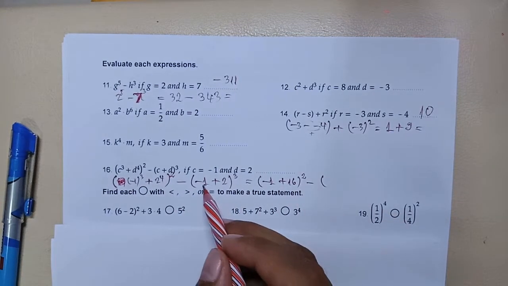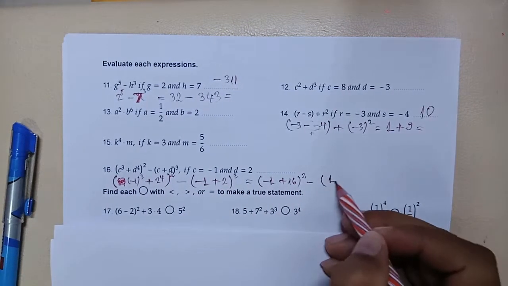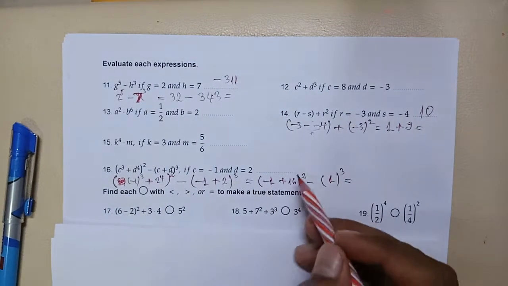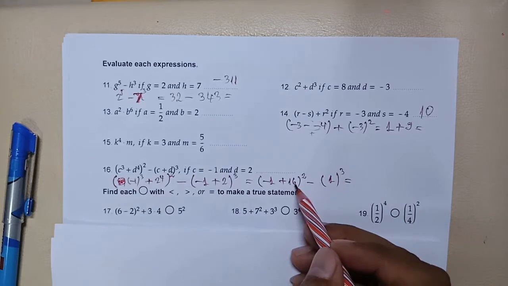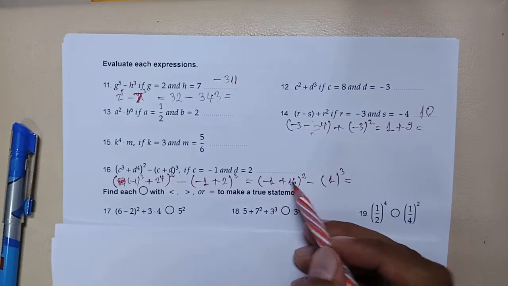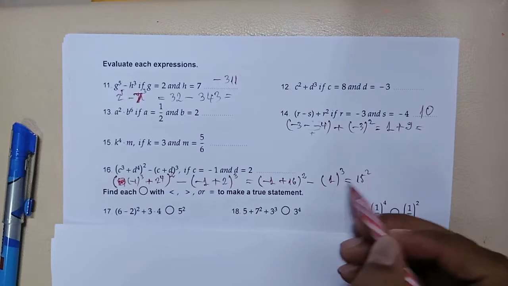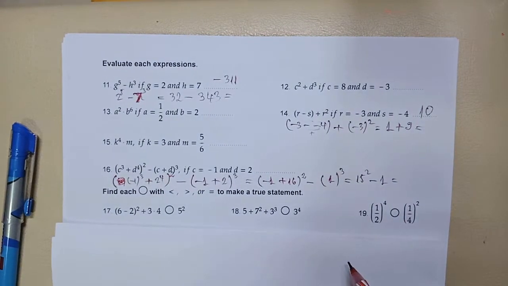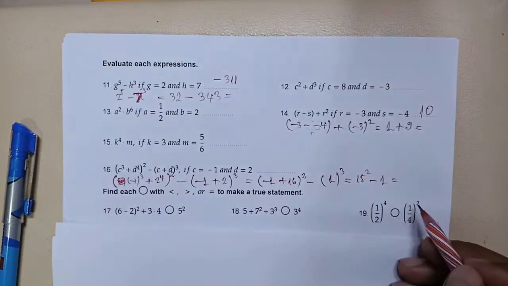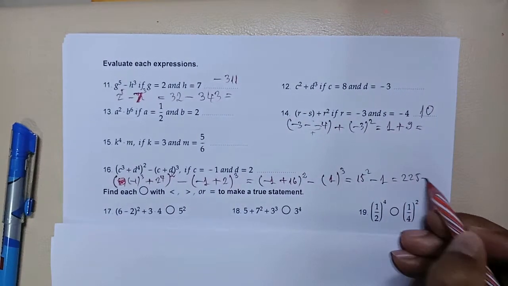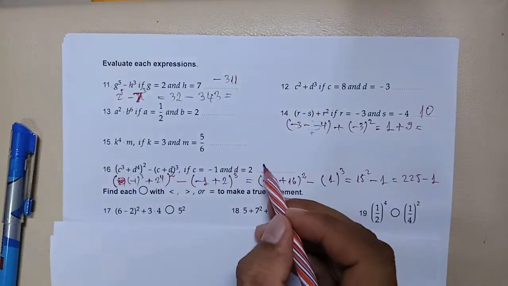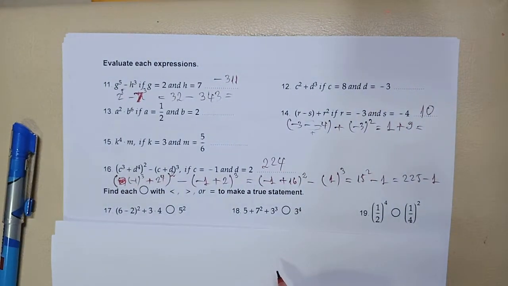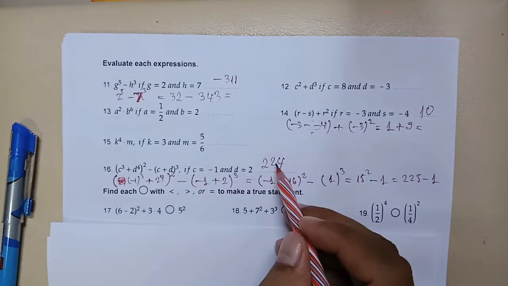This one: negative 1 plus 2, you have 1 to the third. Lastly, 16 minus 1 is 15. 15 squared minus 1. So 15 squared equals 225. And you minus 1, you will have 224 as your answer. This is the answer on this one.